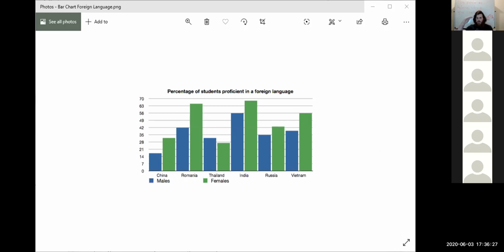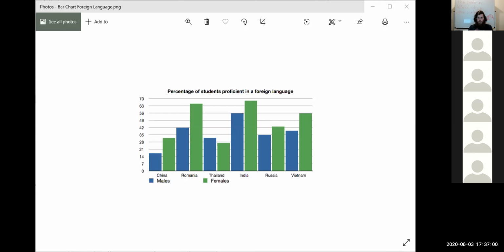Any major difference, or if we were to focus on one country, or maybe even one gender, what do we notice? What was a major similarity or a major difference there? Maybe we could say India has the highest proficiency for foreign language for both males and females.